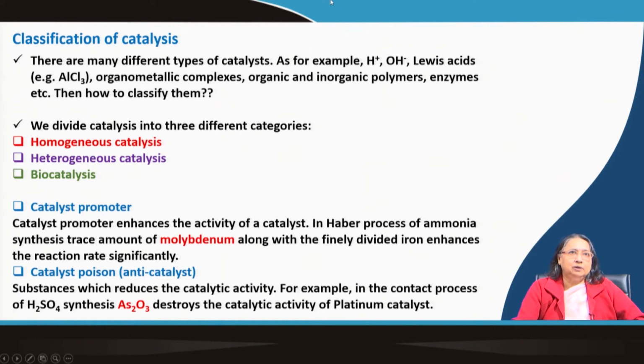Now, aluminum chloride is a Lewis acid, so this can also act as a catalyst. Then some organometallic complexes, where the carbon metal bond is there, that is called organometallic. Grignard reagents, for example. So, organometallic complexes can act as a catalyst. Organic and inorganic polymers are the support material, so they can also act as catalyst.